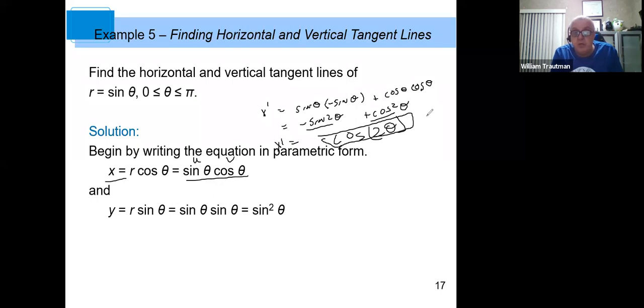To find where x has a vertical tangent line, you make it equal to 0 and find all the things that make cosine 2 theta equal to 0. In other words, where does cosine theta equal 0? It looks like pi over 2 and 3 pi over 2.